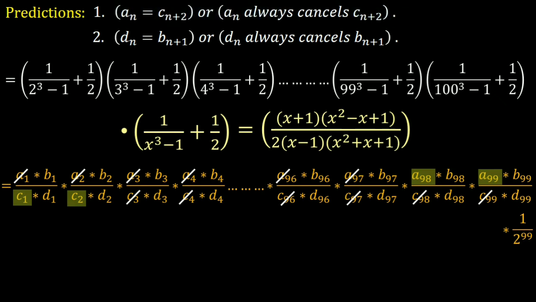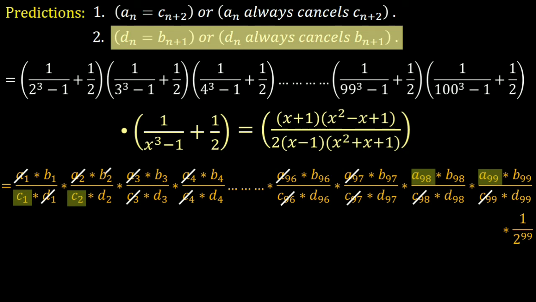Now using our second prediction, d1 was cancelled by b2, d2 by b3, d3 by b4, and d4 by b5. In the same way, b96 was cancelled by d95, d96 by b97, d97 by b98 and d98 by b99.